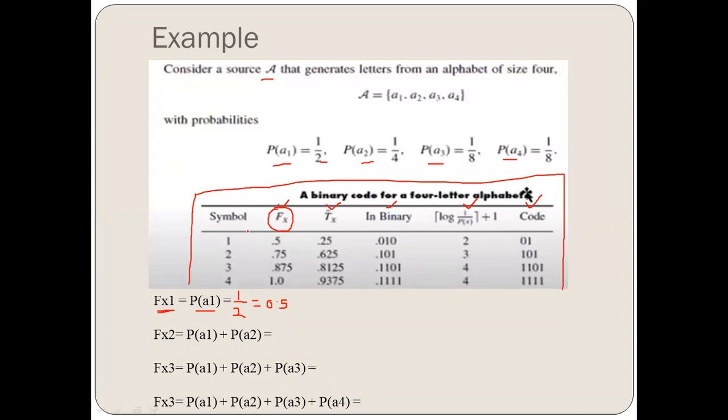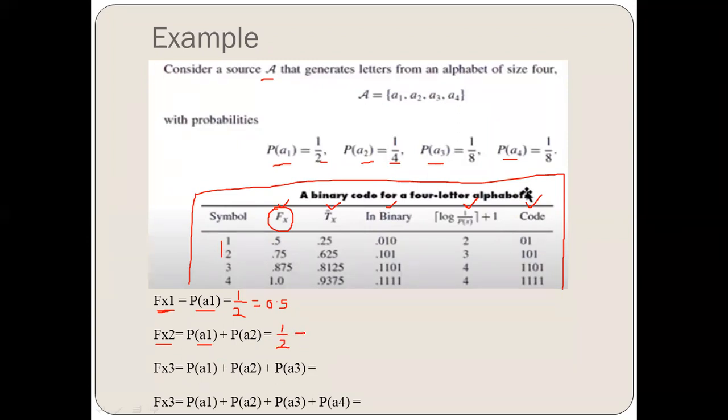Now, the thing you have to take care of is, when we calculate Fx(2), the function of a2 will be the sum of the probabilities of a1 and a2. That means the probability of a1, that is half, plus the probability of a2, that is 1/4.